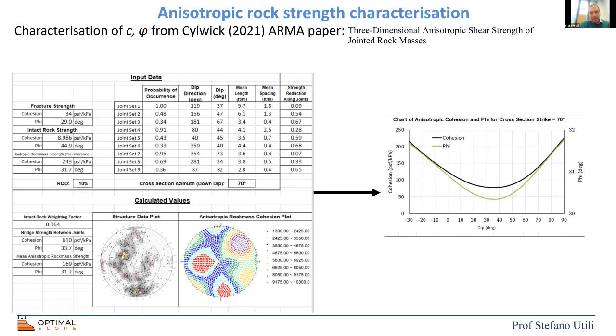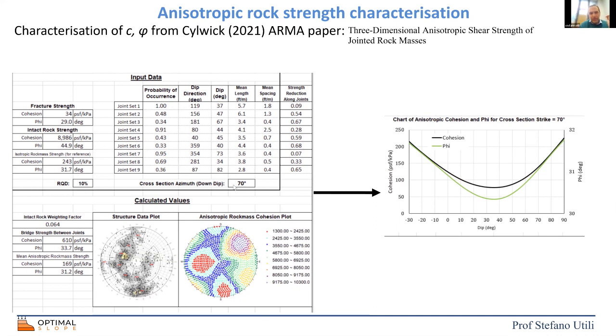And then I get this data, plus you see the cross-section azimuth, because clearly depending on how I cut this 3D rock mass with a plane, I will get a different anisotropic strength.